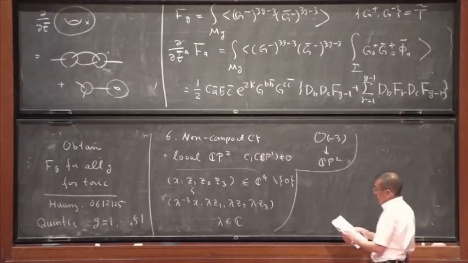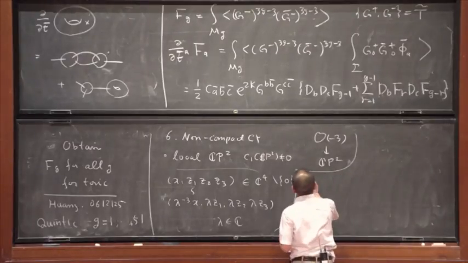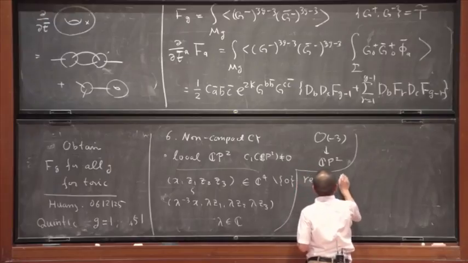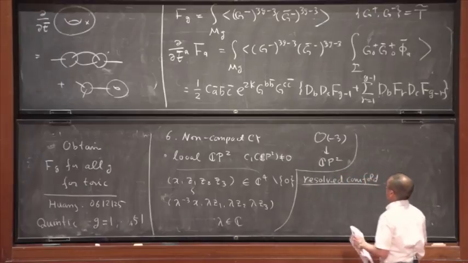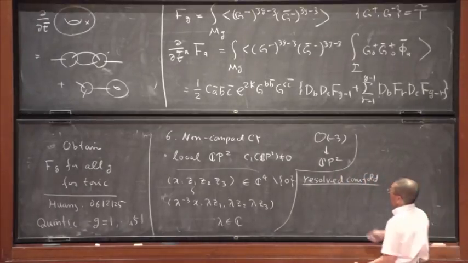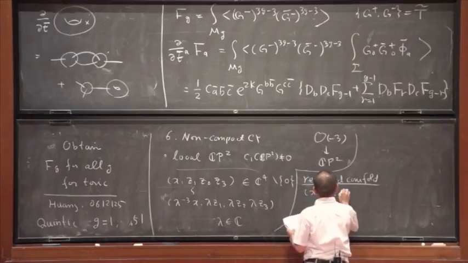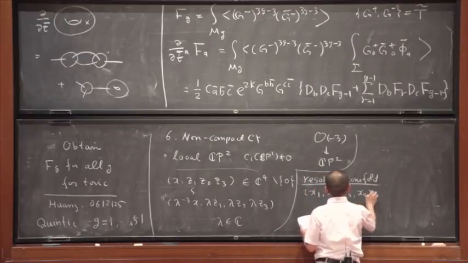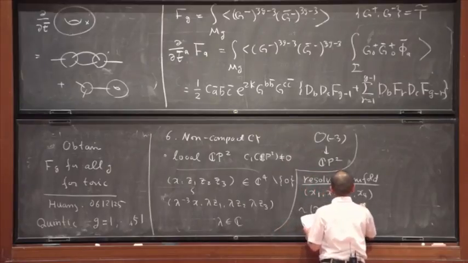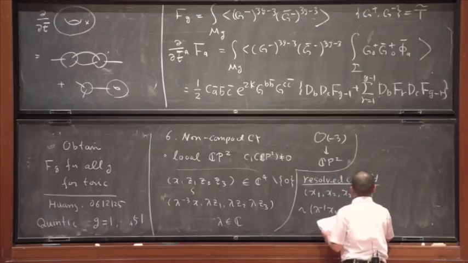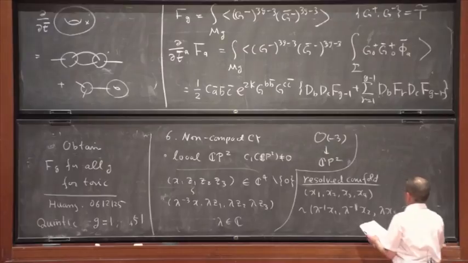Another geometry that often shows up in this kind of literature is the resolved conifold. And so that is similar in spirit, but now the identification will be like that.